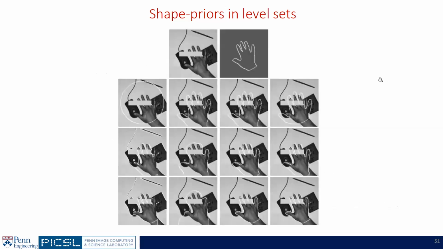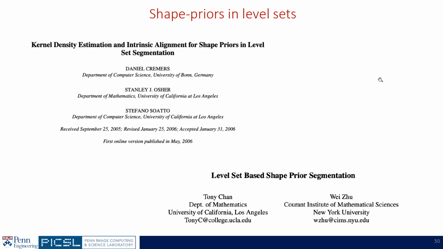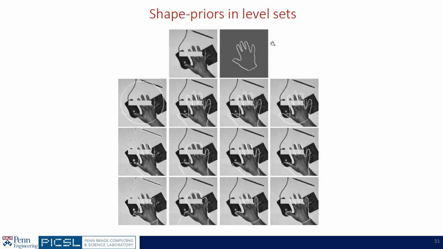Just to give you a concrete example from these papers: suppose using active contours, I want to segment this particular hand in this particular image. It's a pretty tough problem because you have a lot of occlusion in the background, and you have occlusion right in the object as well, right?